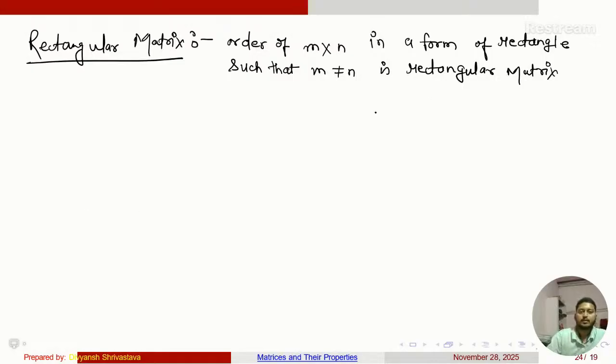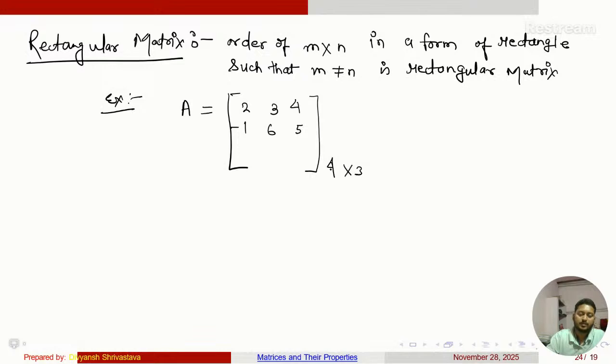So now I come to the point which is the rectangular matrix. These are matrices of order m cross n in the form of a rectangle such that m is not equal to n. Now I take some examples. Take a matrix with rows 2, 3, 4; -1, 6, 5; 10, 7, -19; and 4, -3, -6.